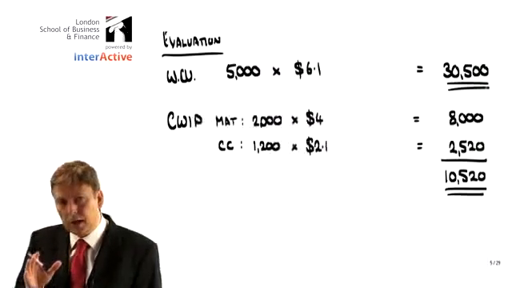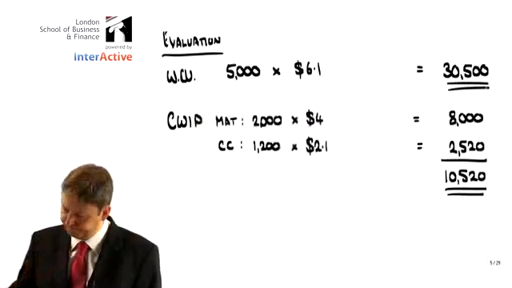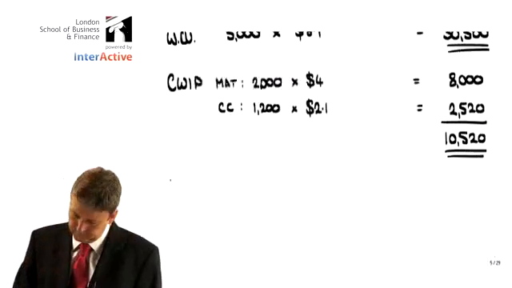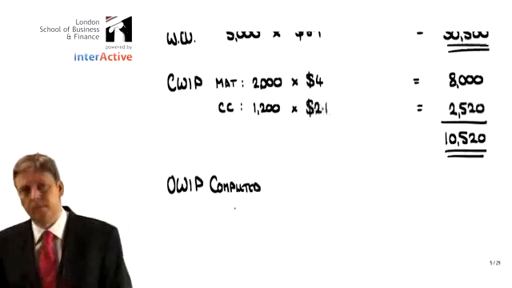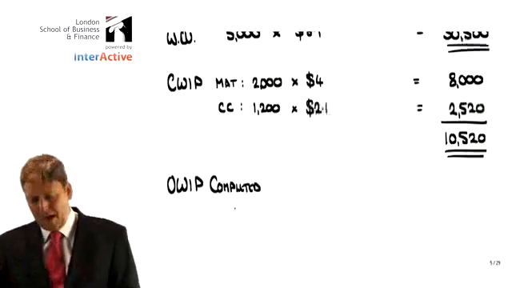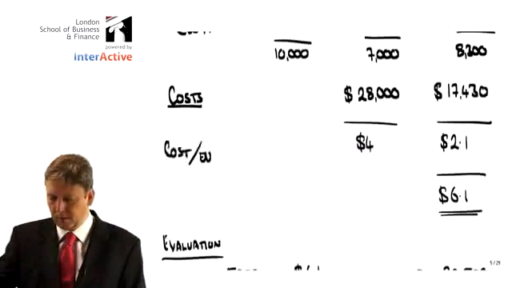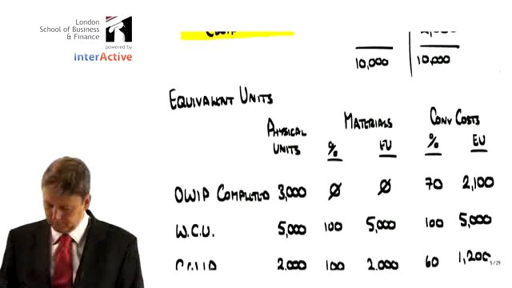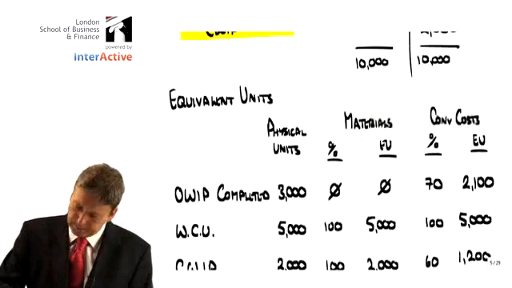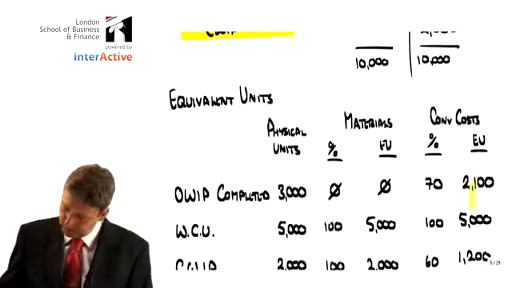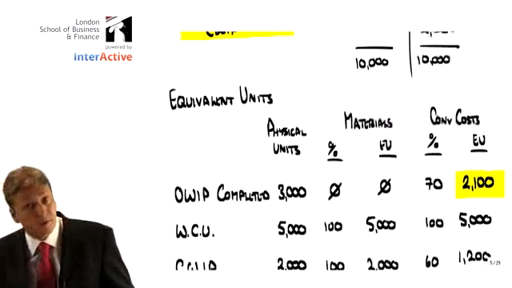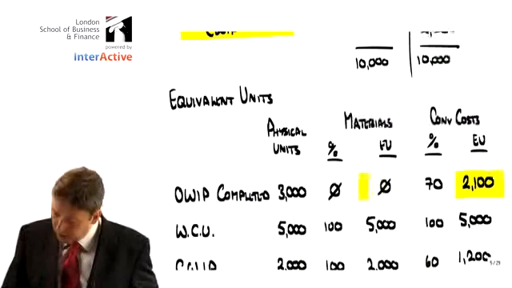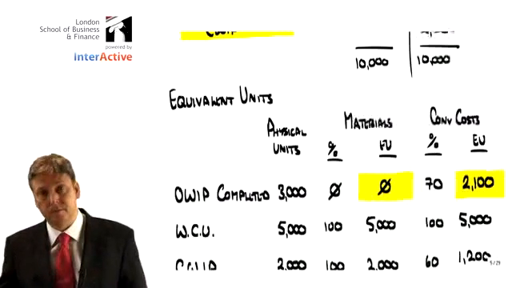Now let's look at the OWIP completed. If we were to look back at our equivalent unit working, what we see here is that we have 2,100 equivalent units of conversion costs and no equivalent units of materials.